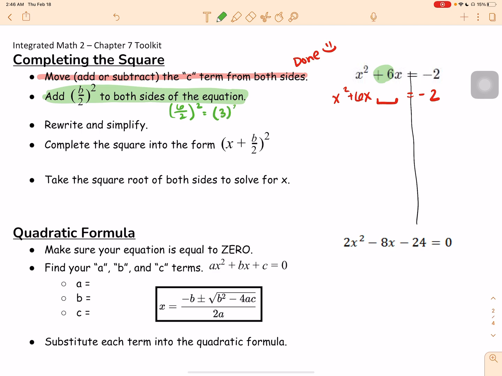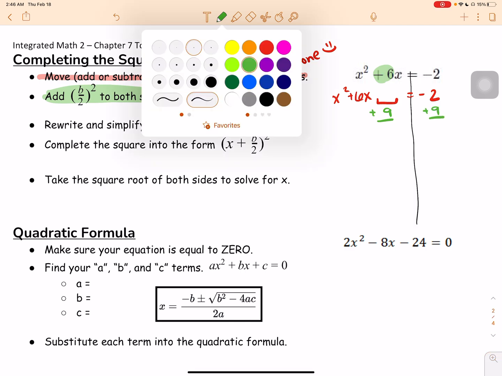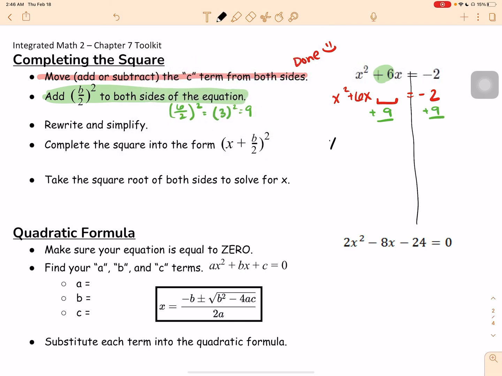That is the same as 3 squared, which is 9. So I'm going to add 9 to both sides to set it up as a perfect square. I'm going to have x squared plus 6x plus 9 equals 7.